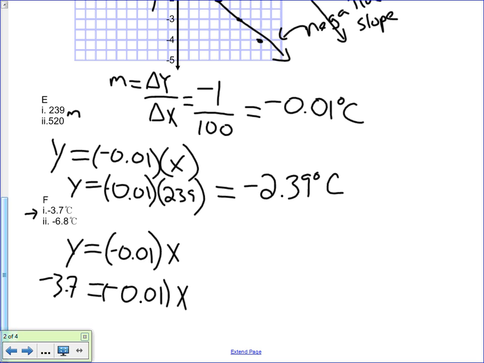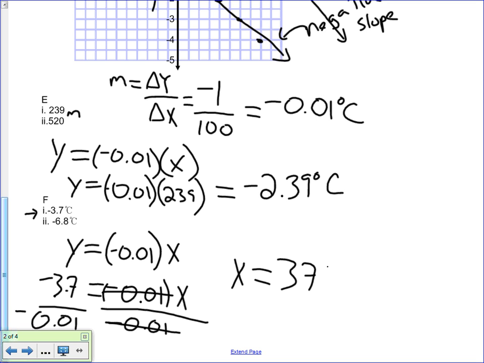Now to solve for x, I divide this by -0.01, divide this by -0.01, these cancel, and my x value is equal to, when I take 3.7 divided by 0.01, I should end up with 370 meters. Okay, the next part is going to deal with partial linear equations.